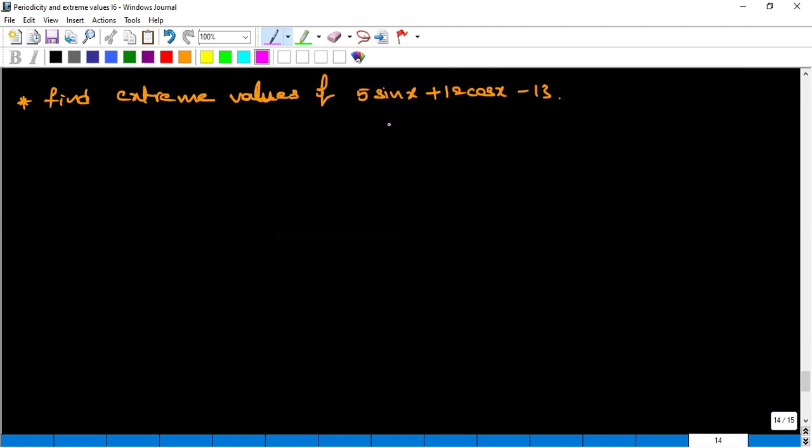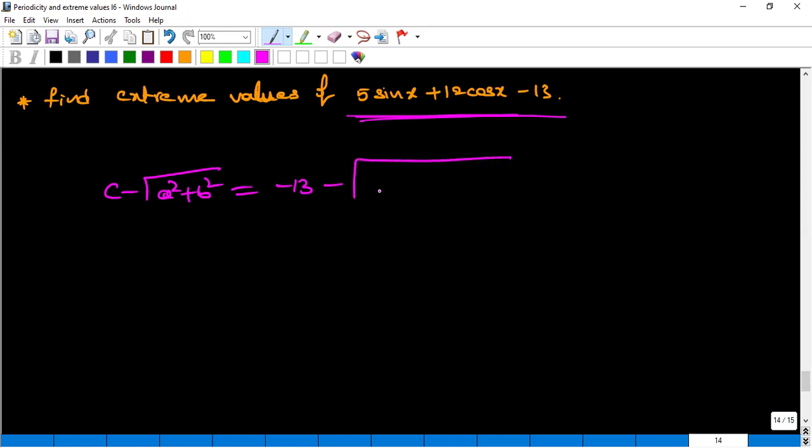Find the maximum value and minimum value for this particular function. Let us find out the maximum value. First, let us calculate c minus under square root a square plus b square. C value is minus 13, so we have minus 13 minus under square root 5 square plus 12 square. 5 square is 25, 12 square is 144, 169 is 13.